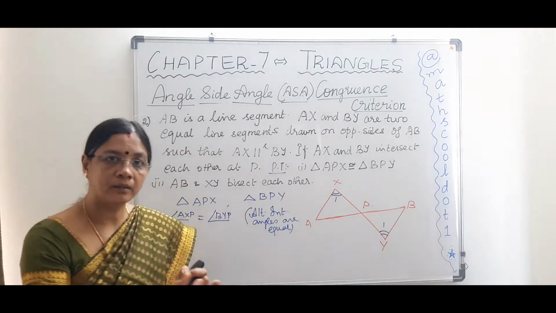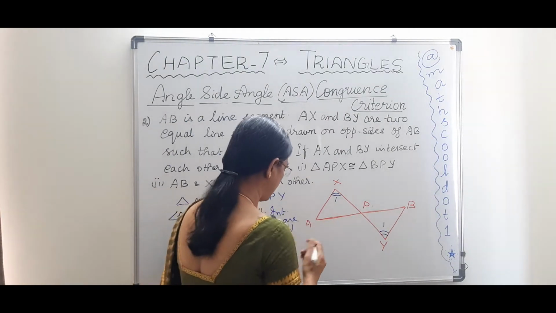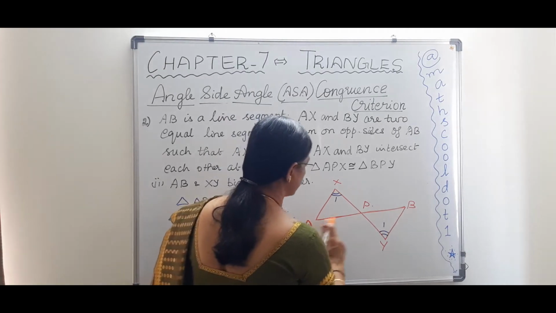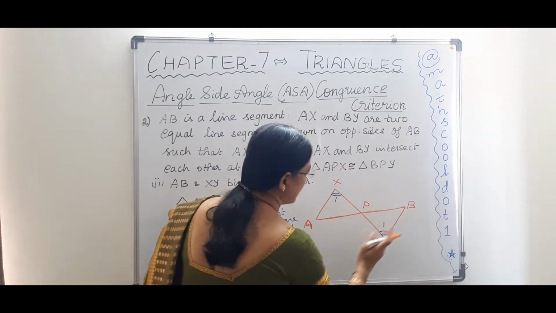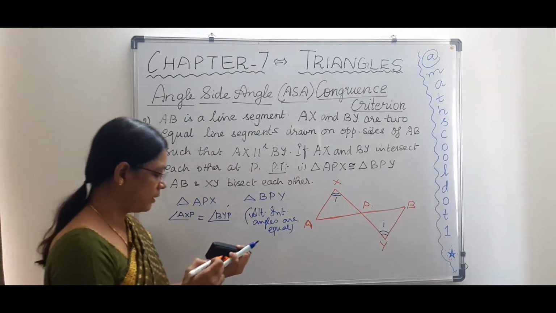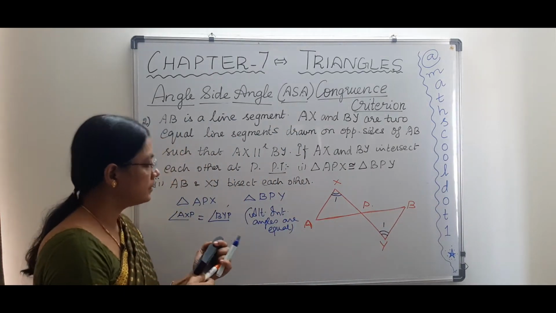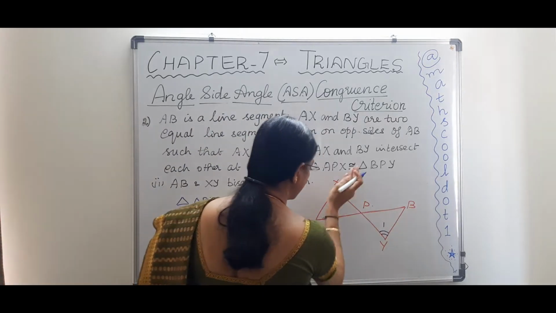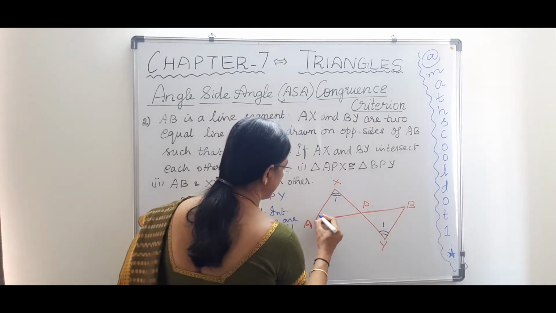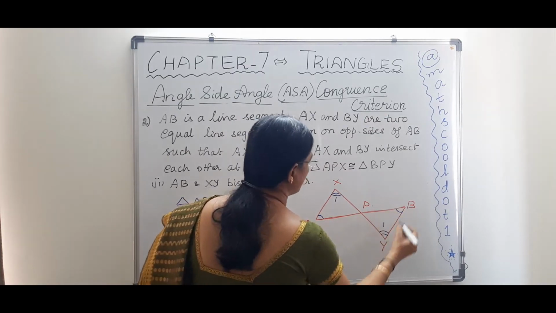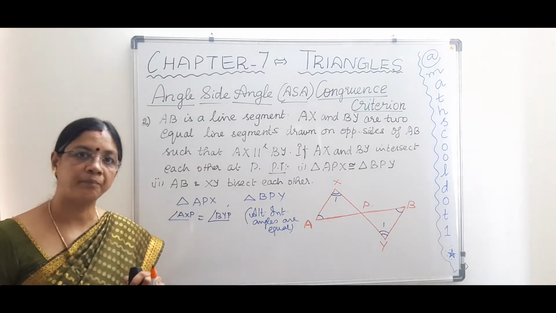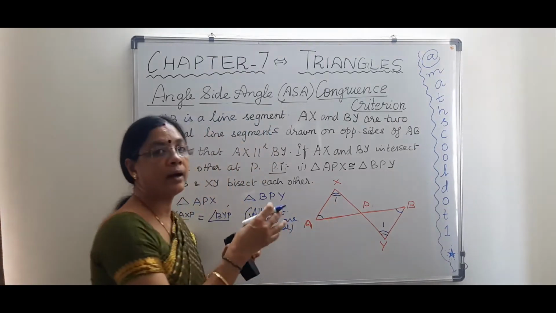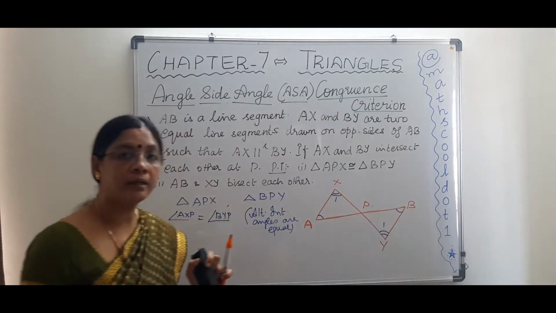Now we'll take the other transversal, which is AB, to the parallel lines AX and BY. Now here, the same case as we did before, the AB transversal cuts the AX and BY parallel lines, and we have two alternate interior angles. Are you able to identify the alternate interior angles?